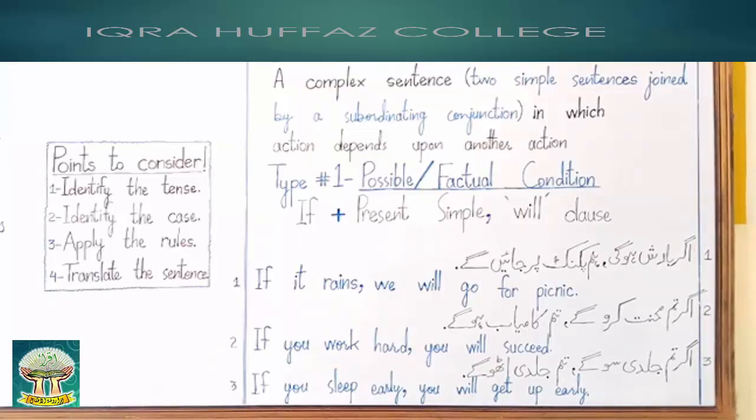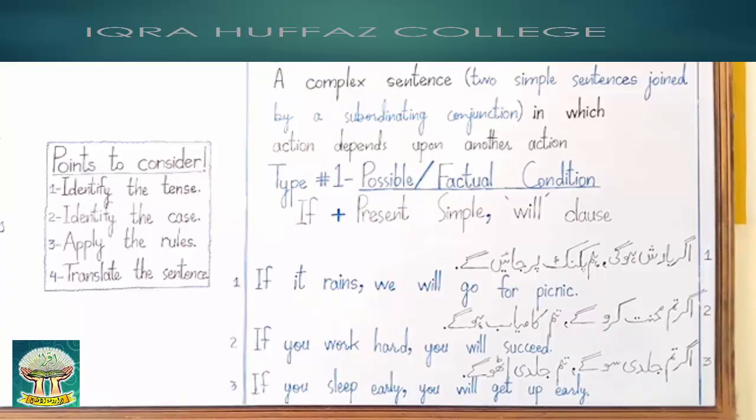Okay, I am going to tell you how you can identify an Urdu sentence whether it belongs to type 1, 2 or 3. You will go through an Urdu sentence, and if there is agar, it means this is a conditional sentence.